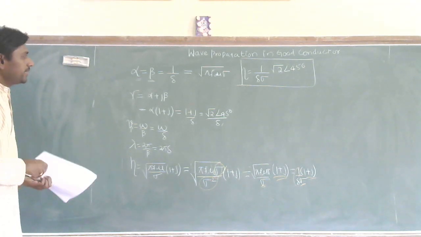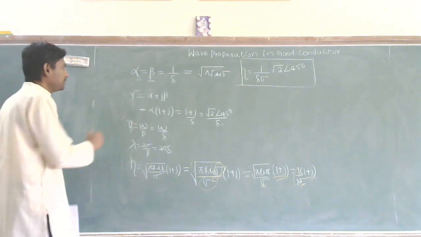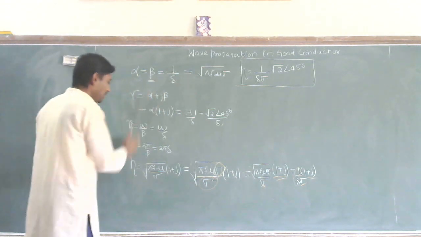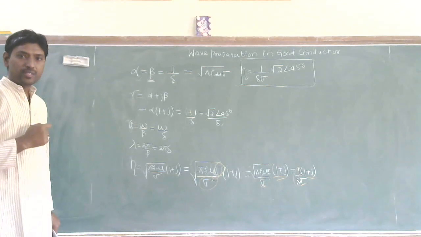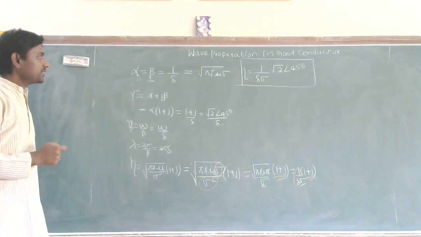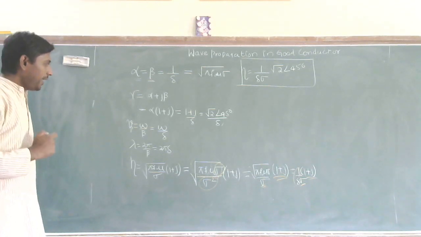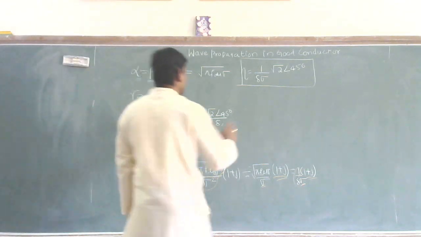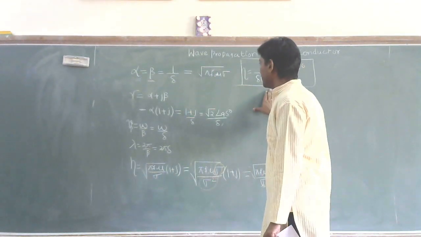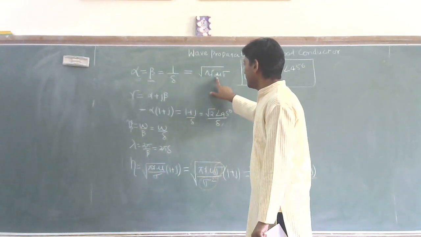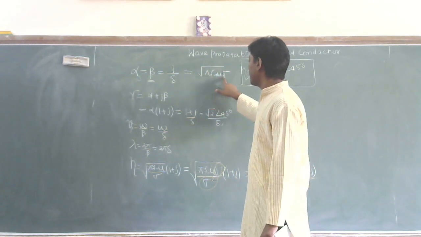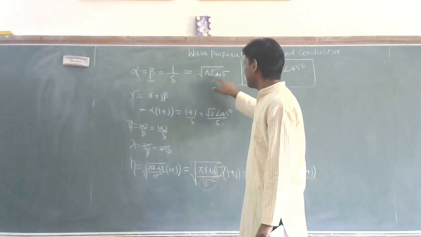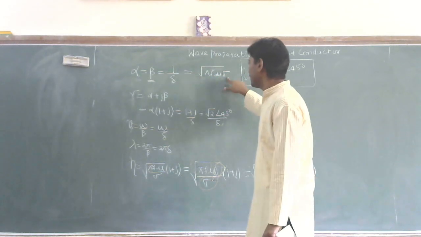So you could see that we try to write all those particular wave characteristic parameters of a good conductor in terms of the skin depth. And I feel that remembering the formula of the skin depth, delta is equal to 1 by root of pi f mu sigma, or 1 by delta equal to this.